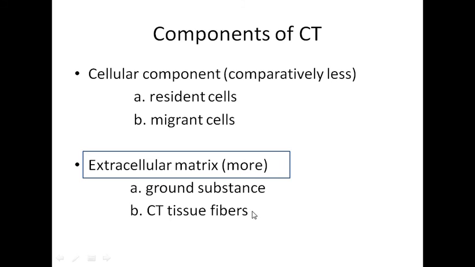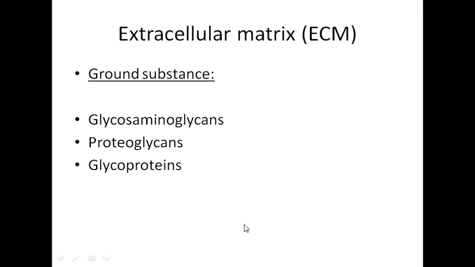Then we come to the extracellular matrix, in which we will discuss the ground substance and the connective tissue fibers. In the ground substance we have glycosaminoglycans, proteoglycans and glycoproteins, right? Glycosaminoglycans are also known as GAGs, all in capitals. So GAGs means glycosaminoglycans.